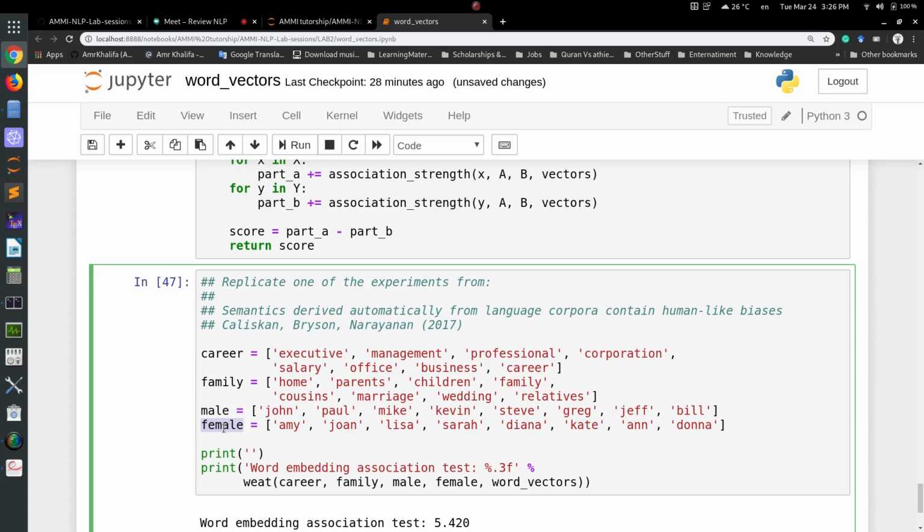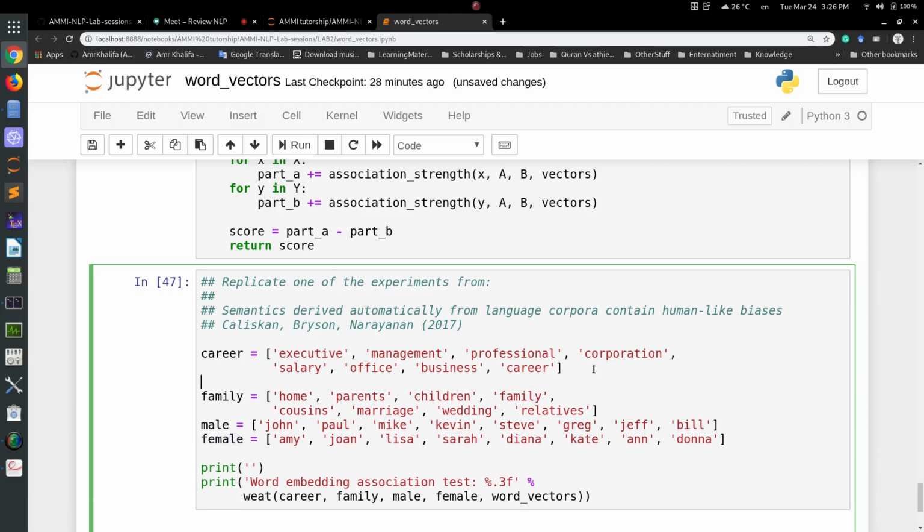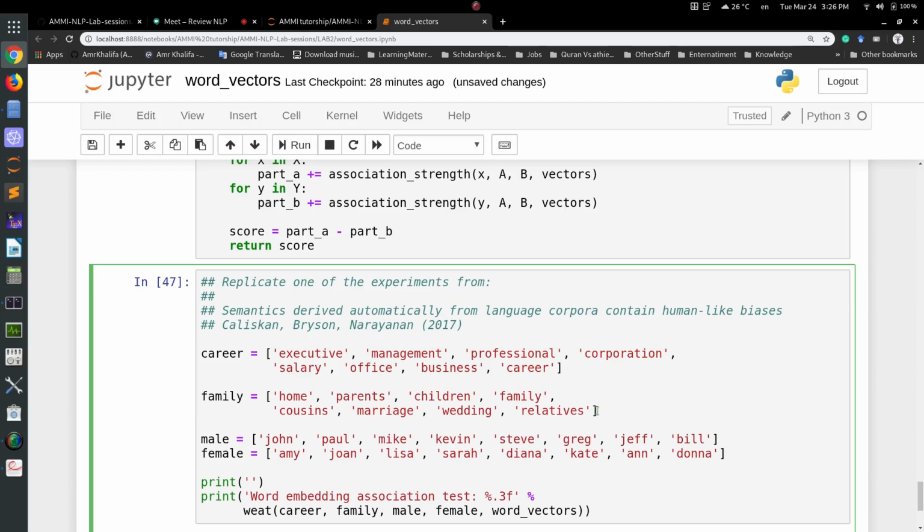Here we have two different sets of attributes. We have career attributes about career and profession: executive, management, professional, corporation, salary, office, business, and career. And then we have family attributes: home, parents, children, family, cousin, marriage, and wedding.